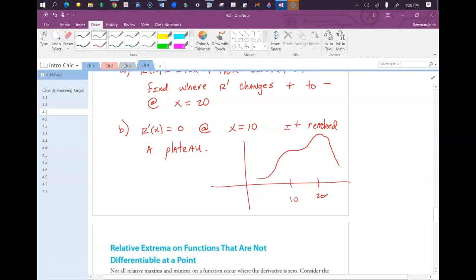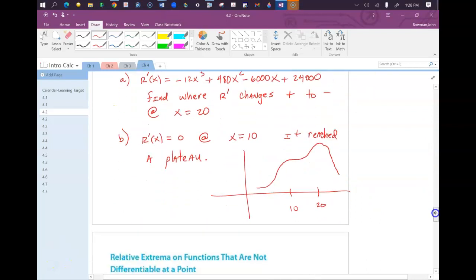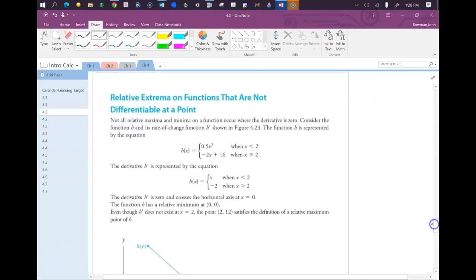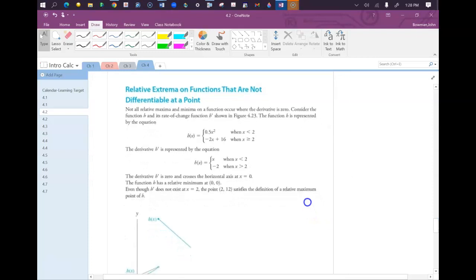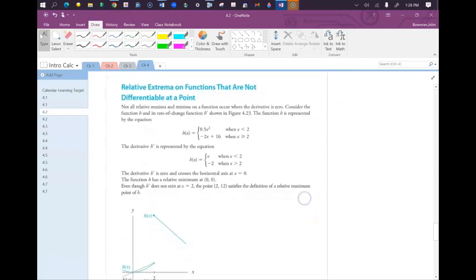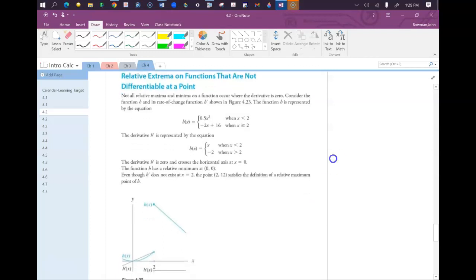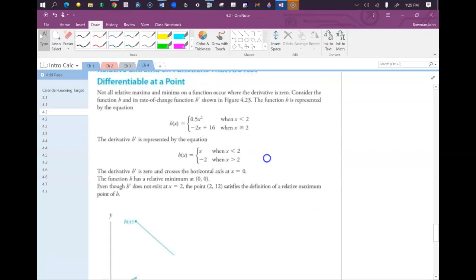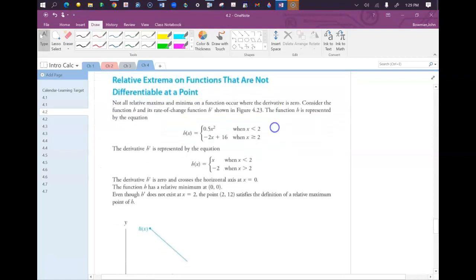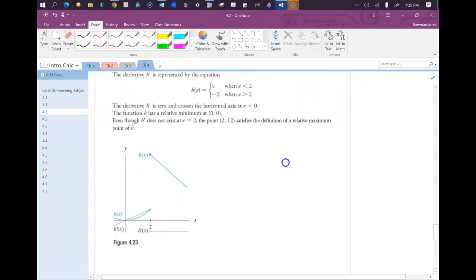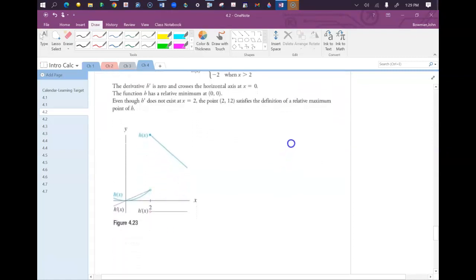and then at 20 is where it reached its maximum. All right, the next example we want to deal with is a case where the first derivative test fails us. Well, it doesn't really fail us, it doesn't apply is really the case. So we have this function h of x, it's a piecewise function, and there's a graph of it down here, and h of x is in blue, and h prime of x is in black.